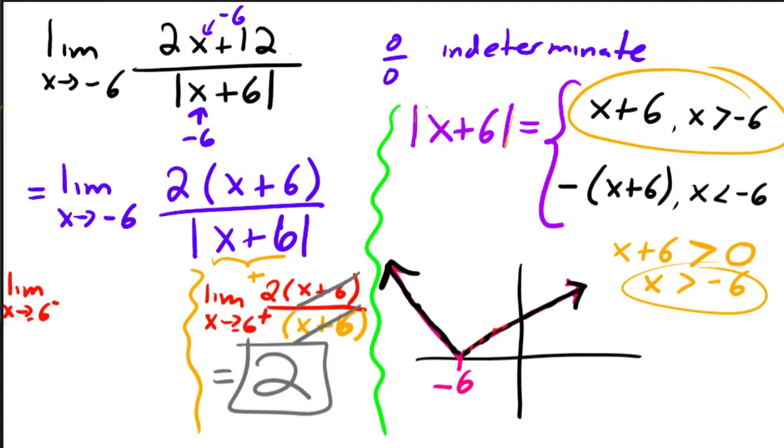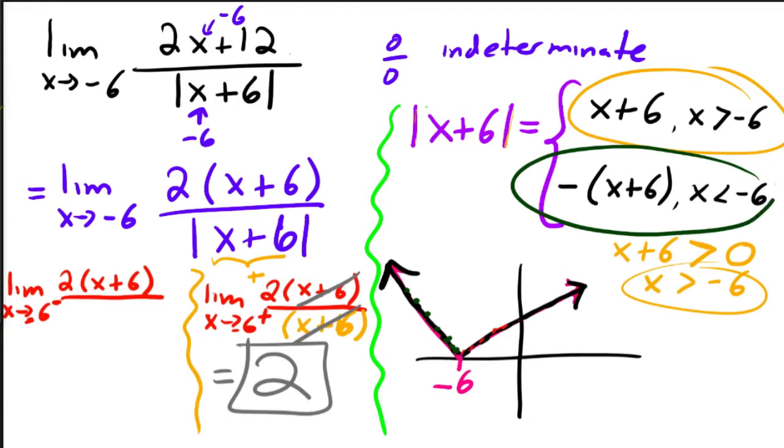Now, if you're approaching from the left, however, notice the top is the same, 2 times x plus 6. But since you're approaching negative 6 from the left, the values are going to be less than negative 6, which means you're going to now use this function right here. So you're going to substitute the absolute value of x plus 6 by negative x plus 6.